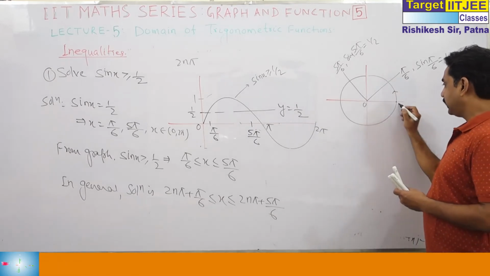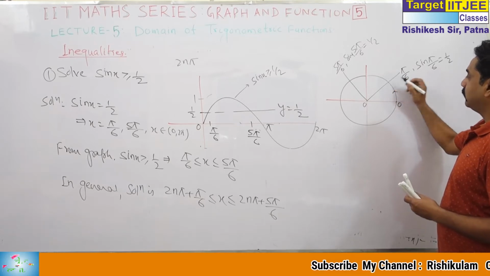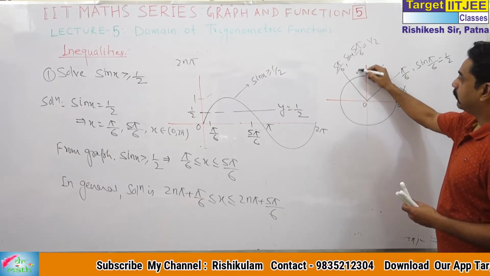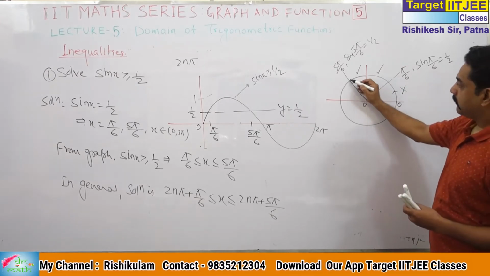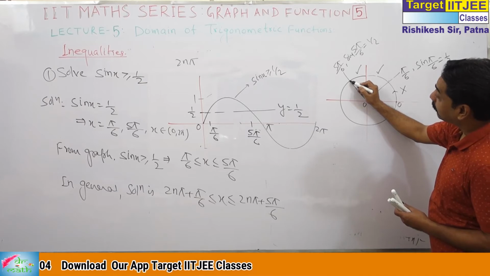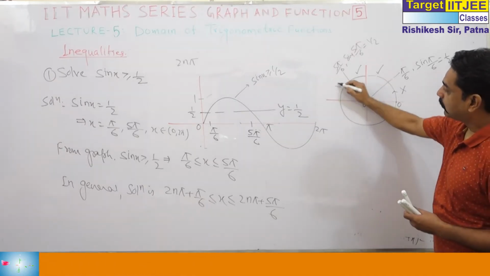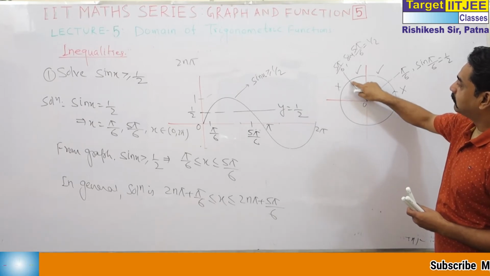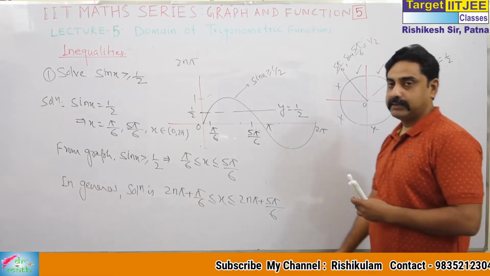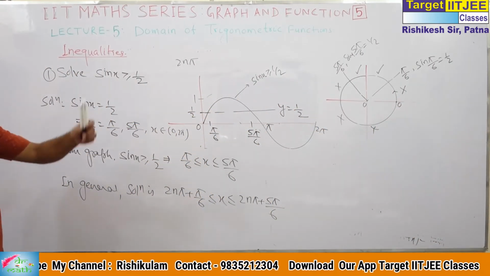Sin 0 is 0, sin pi by 6 is 1 by 2, it moves from 0 to 1 by 2, so it's less than 1 by 2. In this portion it is greater than 1 by 2. This moves from 1 by 2 to 0, and this is negative, not positive. Sometimes we also like that, but many times I use this. I like this one, but you can also go through this. How?